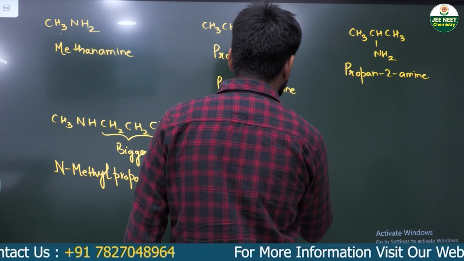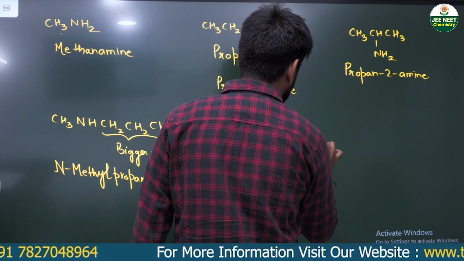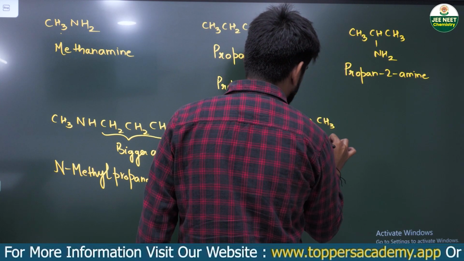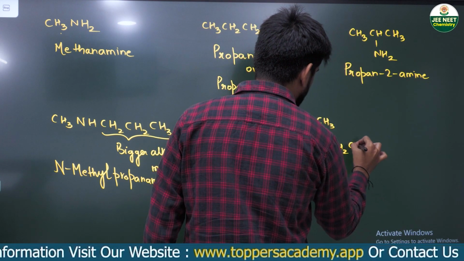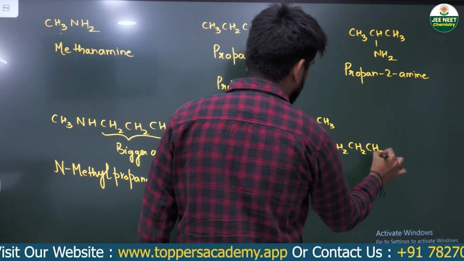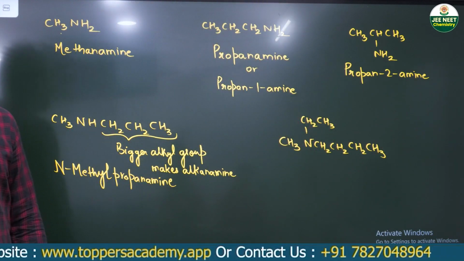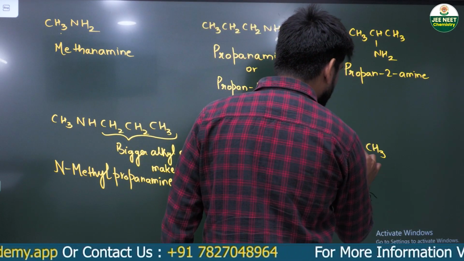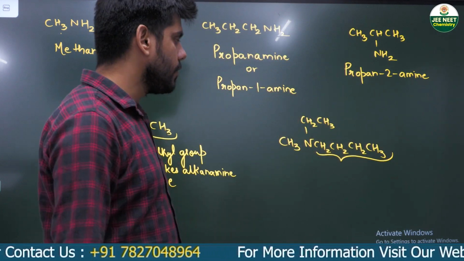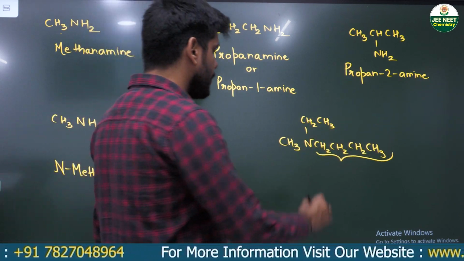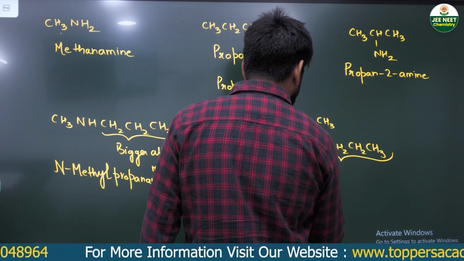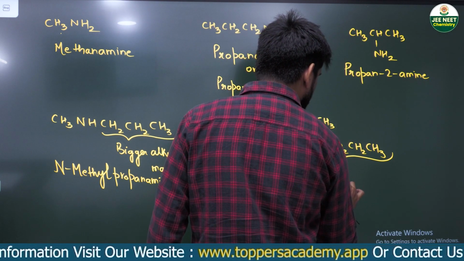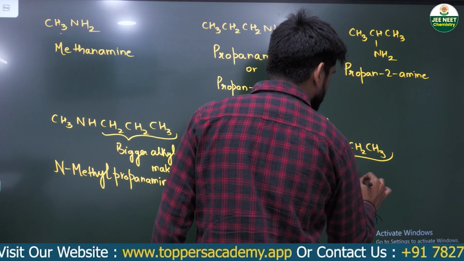And what is this? Is this a 3 degree amine? What is the name? The bigger alkyl group forms the alkanamine, so it will be butanamine. So this is your N-ethyl, in alphabetical order, N-ethyl-N-methylbutanamine.